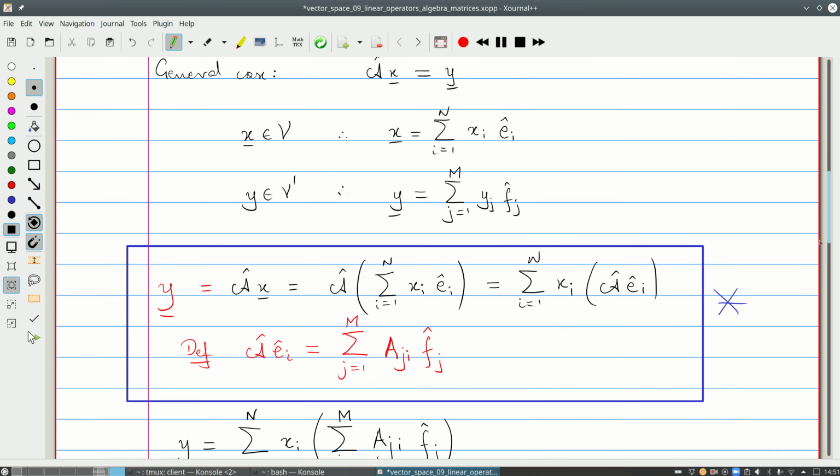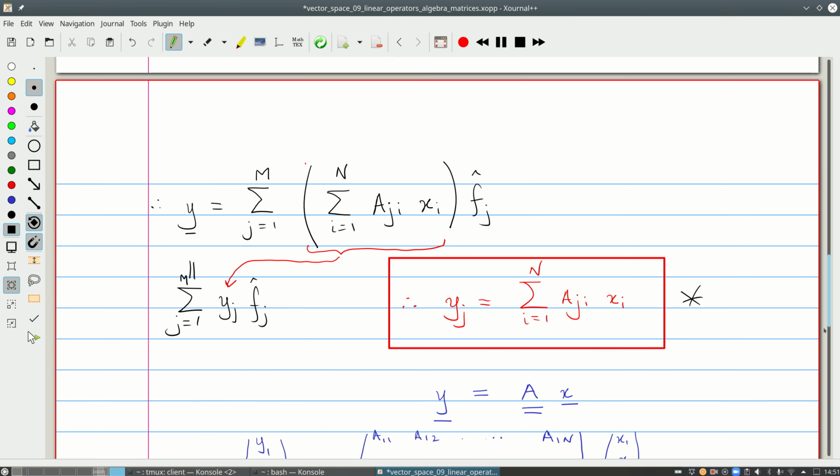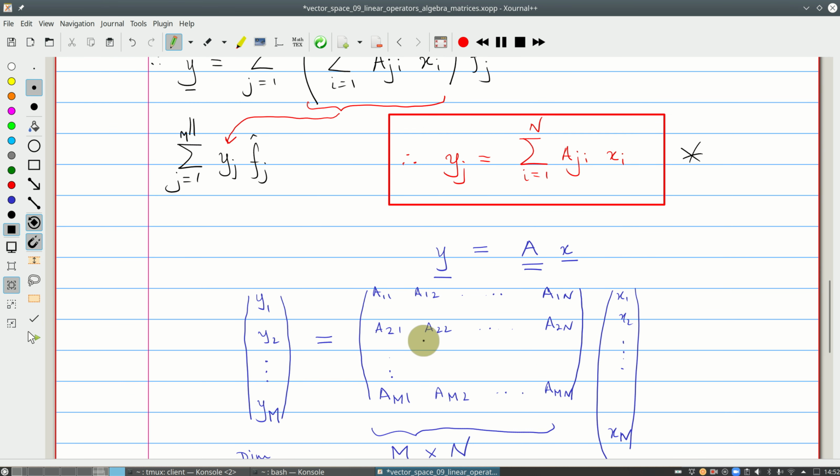We have made a definition of what the operator A hat does to the basis vectors, the e_i hat basis vectors, and we have then rewritten the operator equation in terms of vectors and matrices. Now you can write down the matrix form of an operator only when you have defined the basis sets for the space in which it is working.